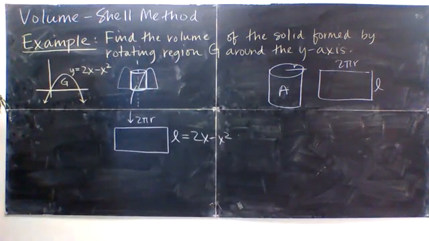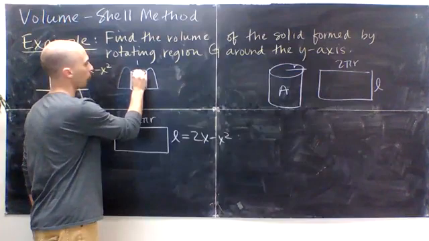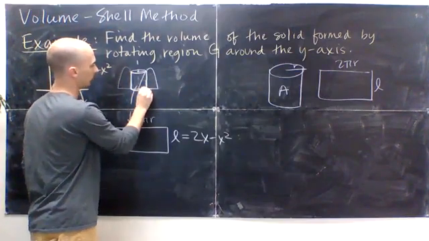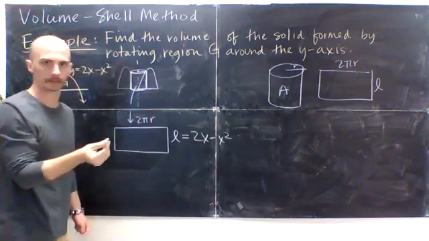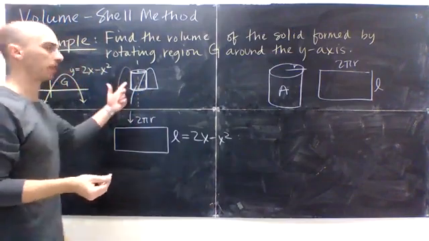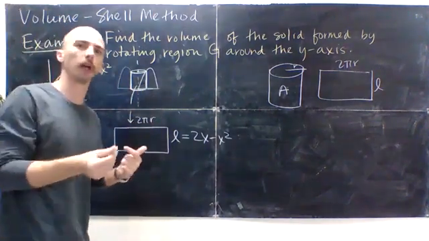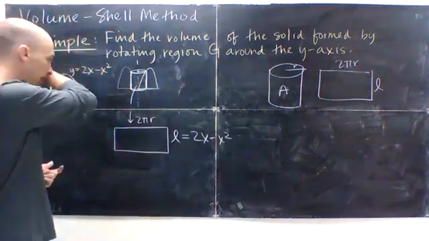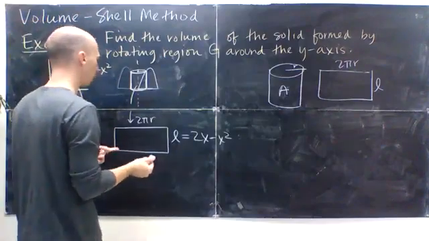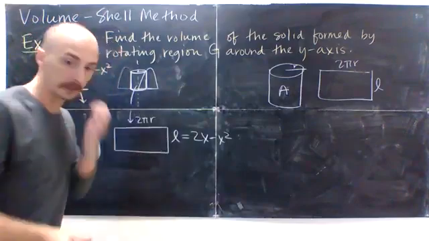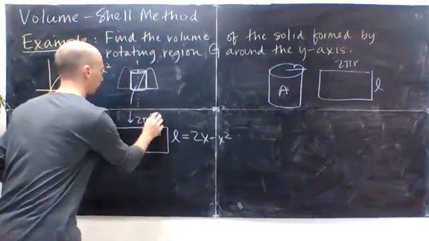Well, what is r? r is the distance from the y-axis to here. That's just x. Okay? Since we're rotating around the y-axis. Suppose we were rotating around a different vertical line, we would have some sort of other expression for r. It wouldn't just be x, but for now I'm going to just say r is equal to x.